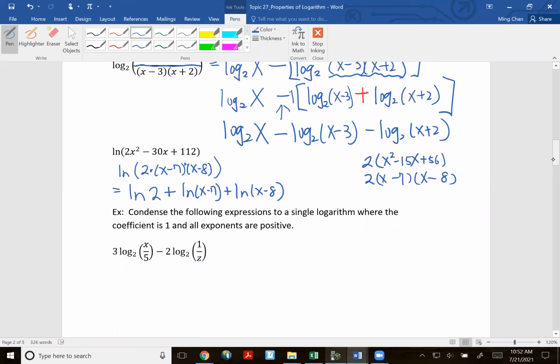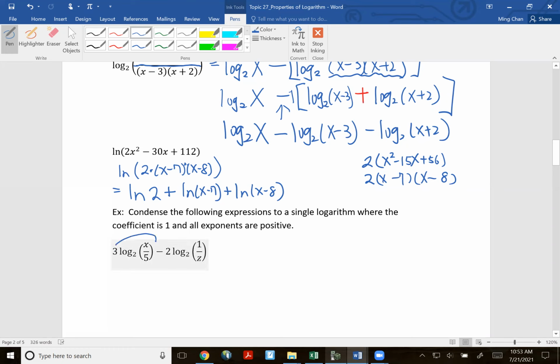All right. So these are expanding them. Let's condense them together. Okay, let's condense them. So the way we condense them is start out with the exponents. Okay, remember the power rule. We move those exponents to the front of the logarithm. So the first thing you do is actually bring those back up to the exponent.